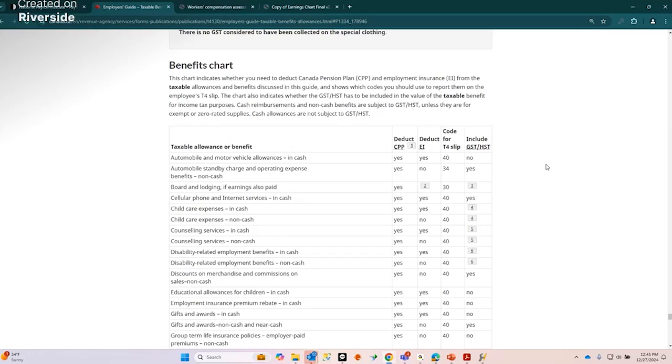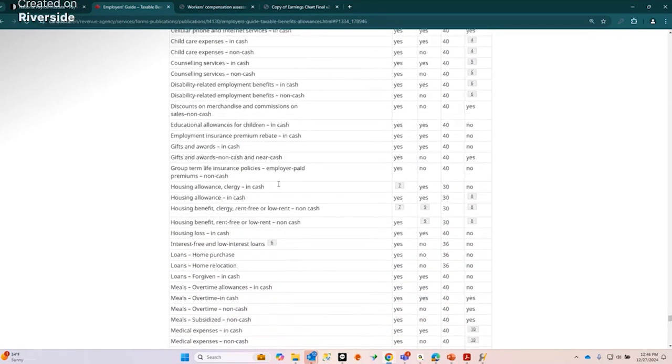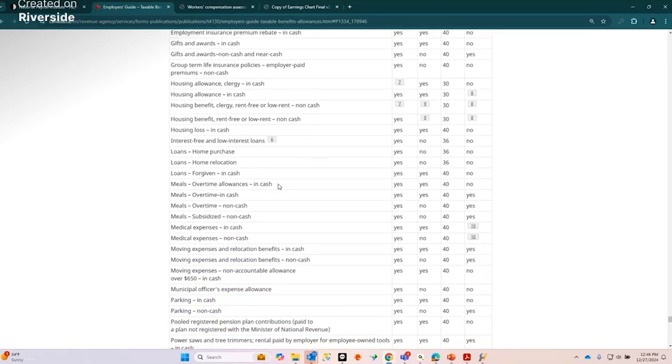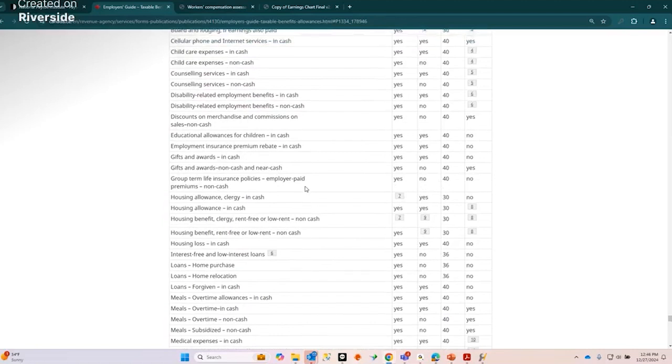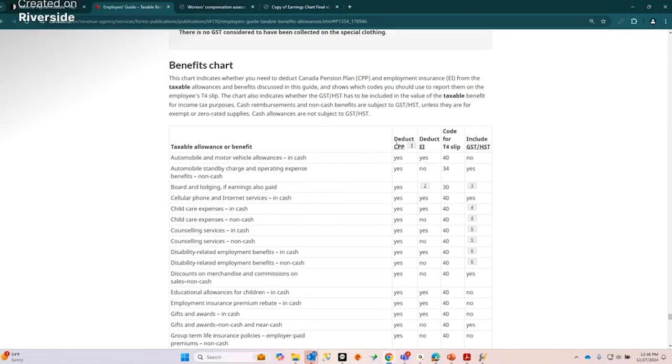So here I have the employer's guide to taxable benefits. This guide is very detailed. It's updated as CRA makes changes to taxable benefits, where you can quickly hop onto it, identify the type of taxable benefit that you have, and it will tell you whether it is taxable for income taxes, as well as whether it is CPP deductible or EI, and what T4 slip it belongs to, and if there are any HST, GST implications.